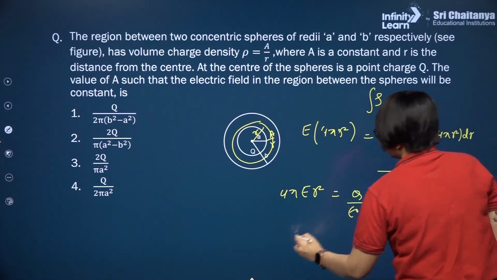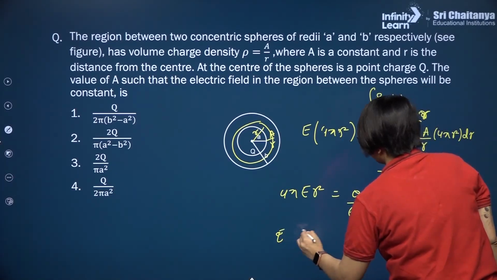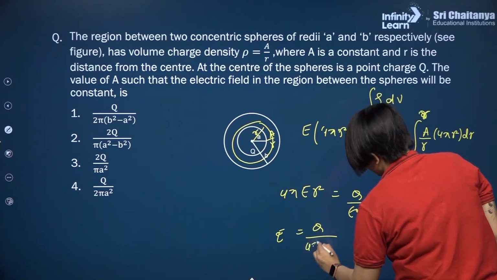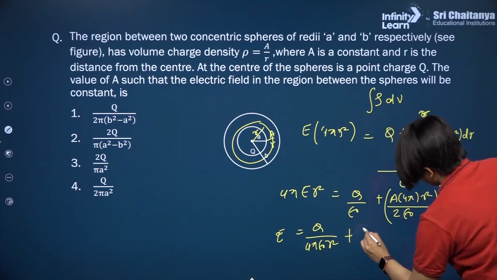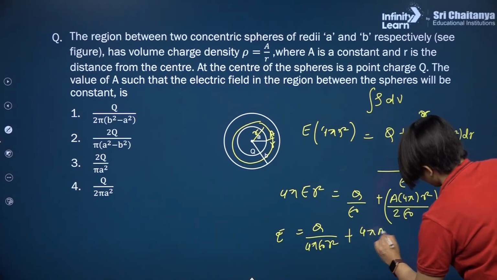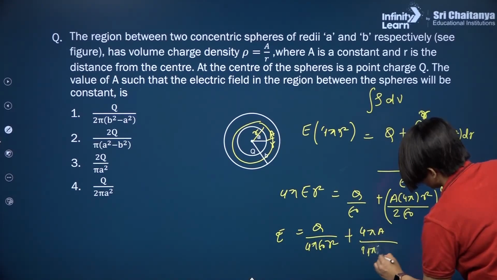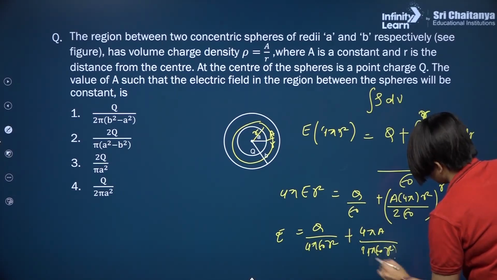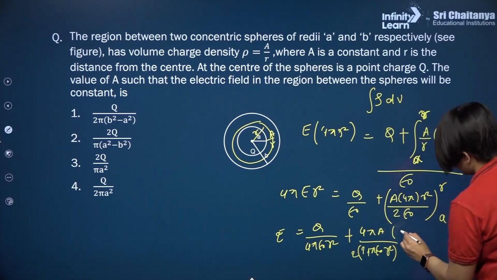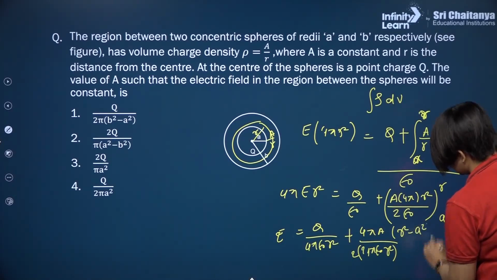Okay. So E is equal to Q upon 4 pi epsilon naught into R square plus 4 pi A upon 4 pi epsilon naught into R square into 2, into upper limit R square minus lower limit A square.